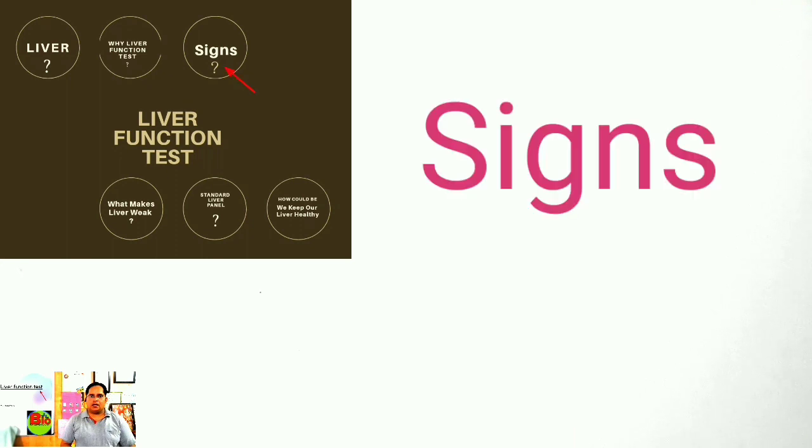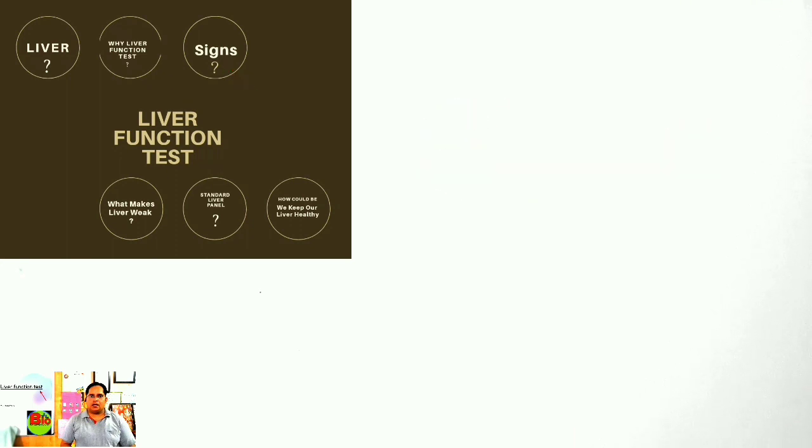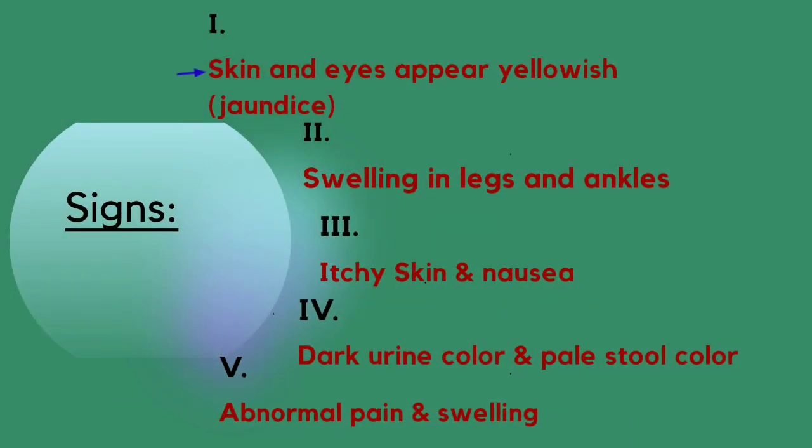Now students, what are the signs which indicate poor functioning of the liver? So in this, first, skin and eyes appear yellowish like jaundice, second, swelling in legs and ankles. Third, itchy skin and nausea.